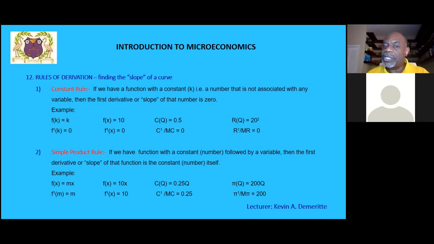In that case, the marginal cost is 0. There is no slope. So the first rule of differentiation is that if you have a function with a number in it all by itself, if you try to find the slope of that function, or the first derivative in mathematical terms, you can immediately eliminate the constant, or the number by itself.